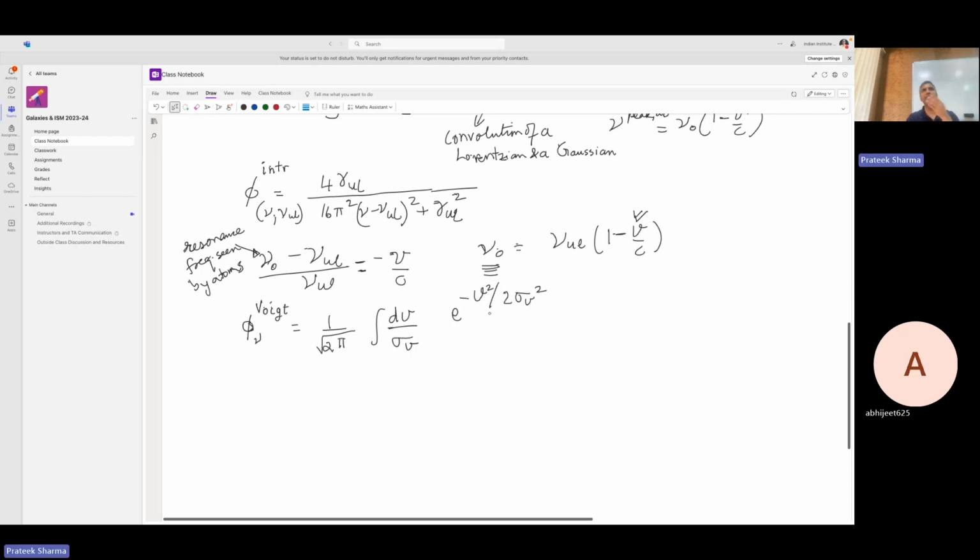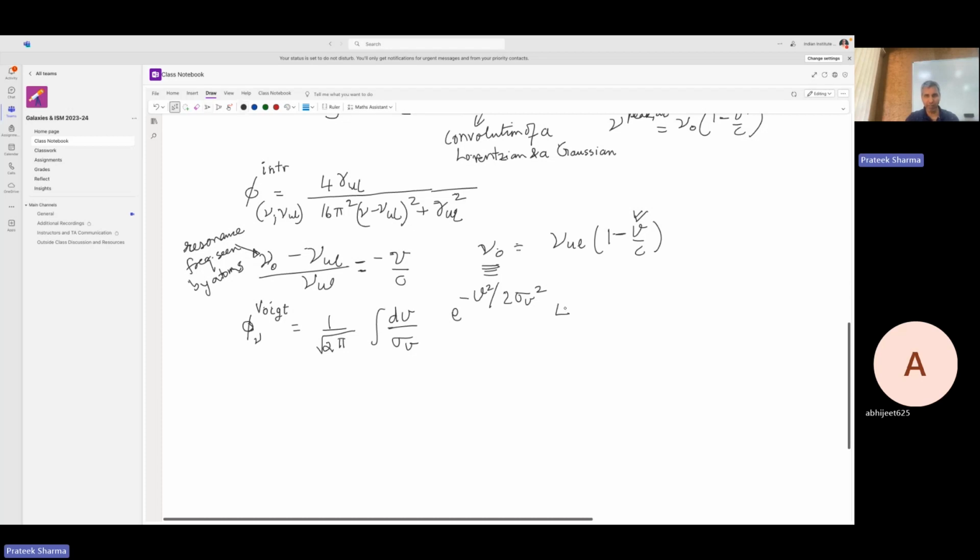So this is the line of sight velocity dispersion. We are assuming that there is no bulk velocity relative to us of this gas, so v naught is set to 0.